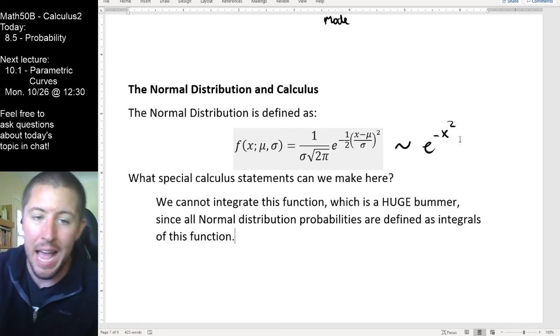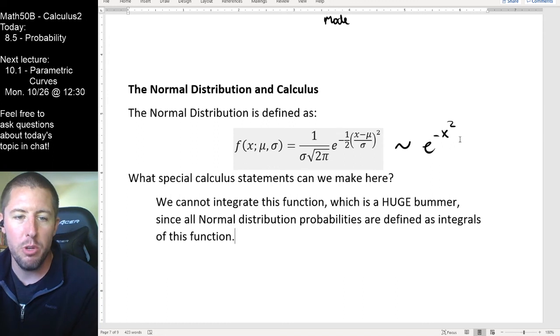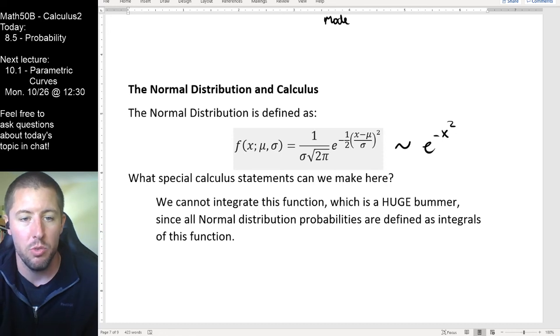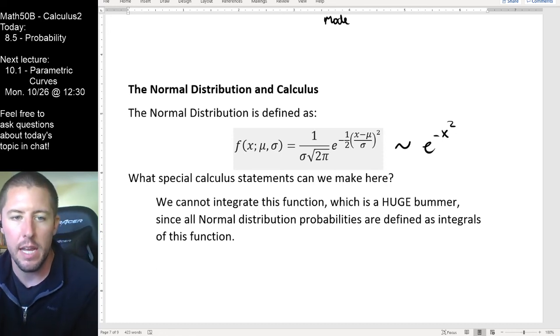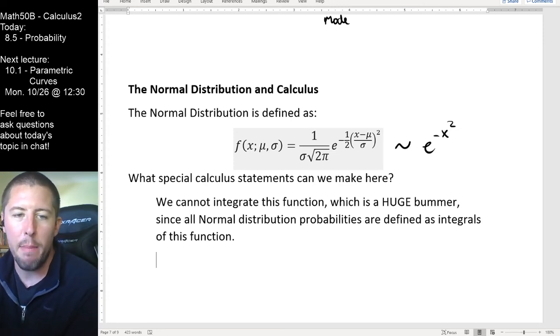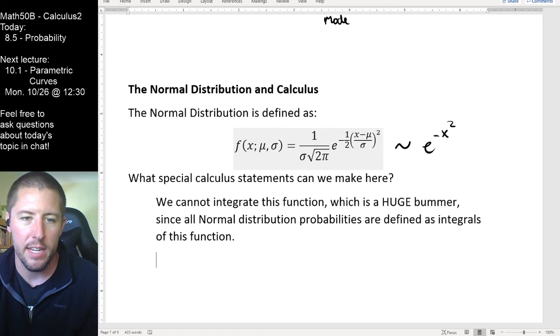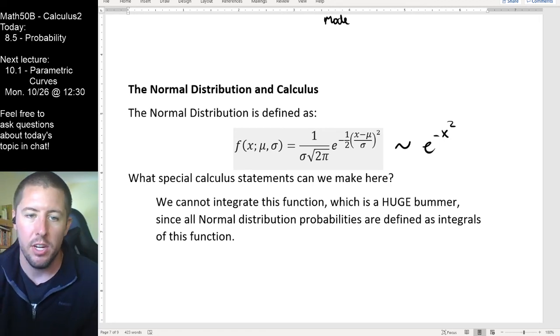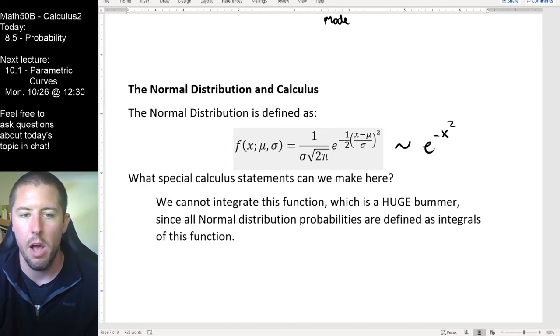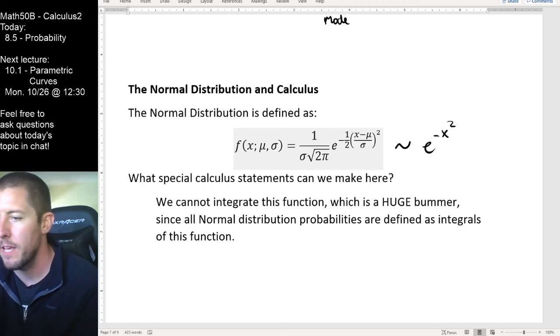So what that means is every single normal distribution probability that's ever been calculated was calculated using something like the trapezoid rule or Simpson's rule applied to this integral setup right here. That's just how your calculator is doing things. When your calculator is not extrapolating into a 3D scenario and then recondensing back down to a 2D scenario, it is just using Simpson's rule on this function to estimate all probabilities, because we can't integrate this thing.